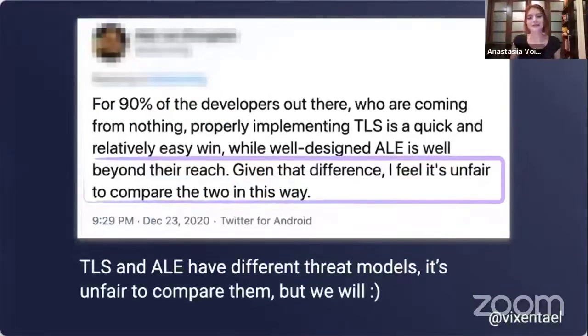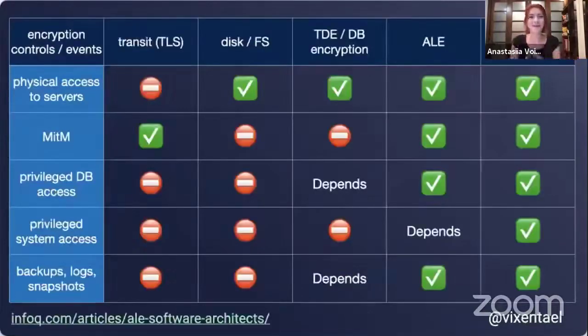I know that you like to look into threat modeling. So let's compare TLS and application level encryption. They are different techniques. It's like comparing apples and oranges. It's unfair, but we will do it. I really like to show this table as a comparison table because it has different encryption ways, different techniques.